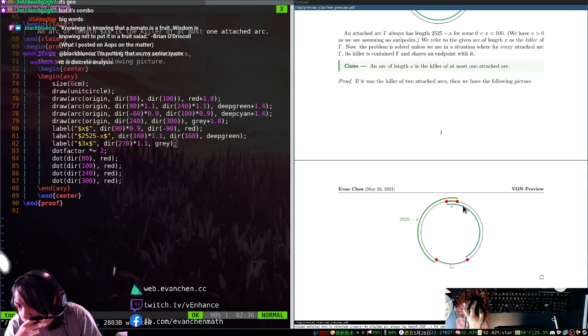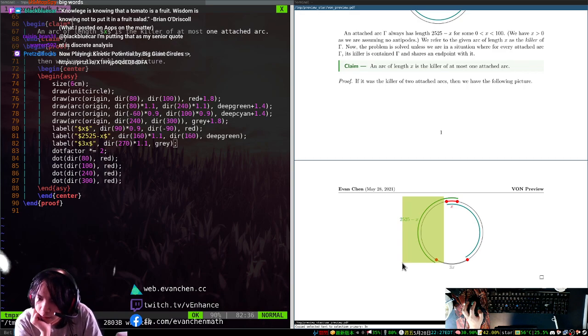That's not good. So it could be a killer at this arc or in this arc. Can I push this a little bit? The thing I was thinking about is this is an arc of length 25 minus 2x. So if x is less than 50, then a segment of 2x is length somewhere.